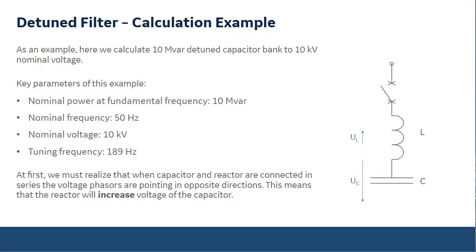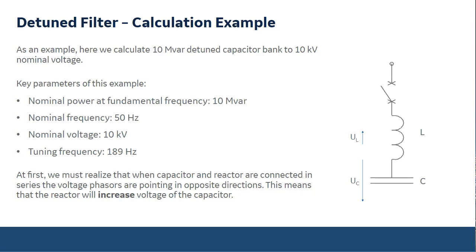Then I have here one calculation example for a detuned filter. First, this is just to tell you how we calculate the filter and what kind of math is behind it, just a reminder. In this example, we have a 10 megavar detuned bank at 10 kilovolts.